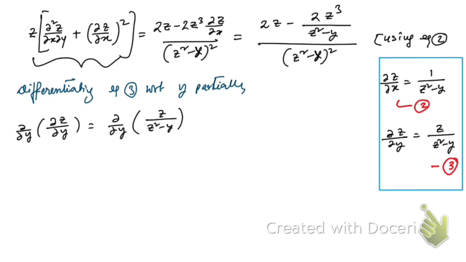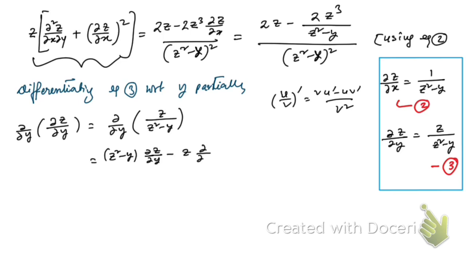So here we're going to apply this rule, u by v. The derivative of u by v is (v into derivative of u minus u into derivative of v) by v square. So here z is u and this one is v, the denominator is v. That means the denominator, that is z square minus y, into the derivative of the numerator, that is del z by del y, then minus the numerator, that is z, times the derivative of the denominator, that is z square minus y, divided by the denominator squared, that is (z square minus y) whole square.